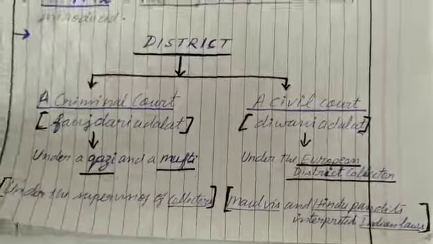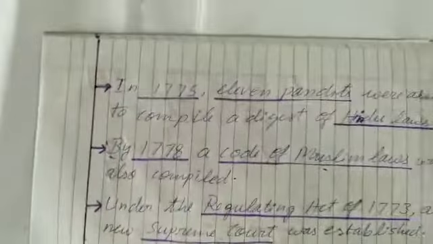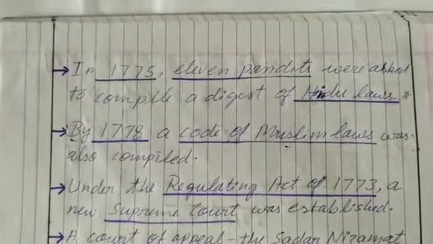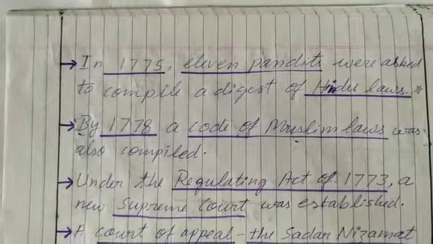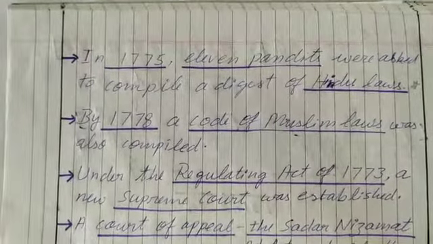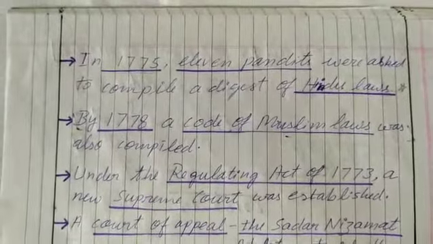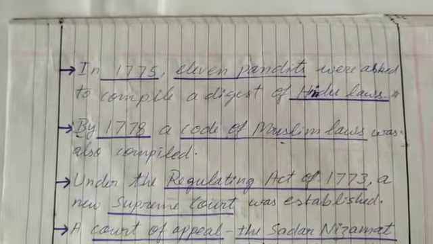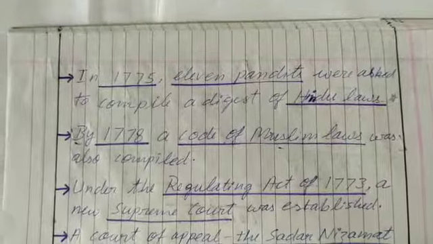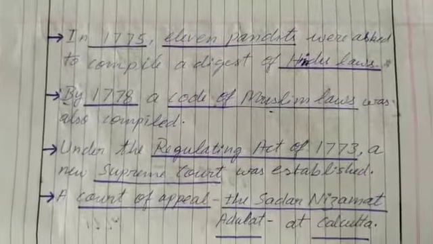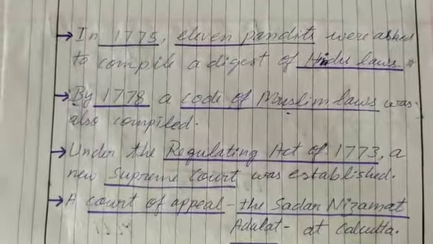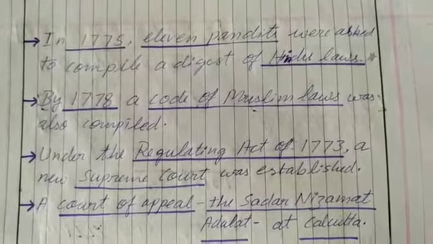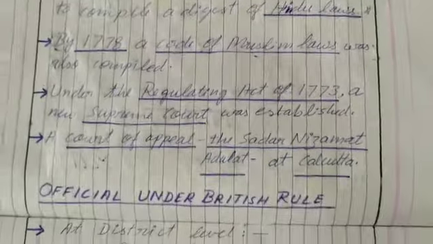So to solve this problem, in 1775, 11 Pandits were asked to compile a digest of Hindu laws to bring uniformity in the law, and N.B. Halhed translated this digest into English. Then by 1778, a code of Muslim laws was also compiled for the benefit of European judges.